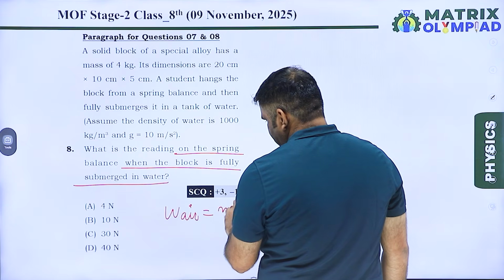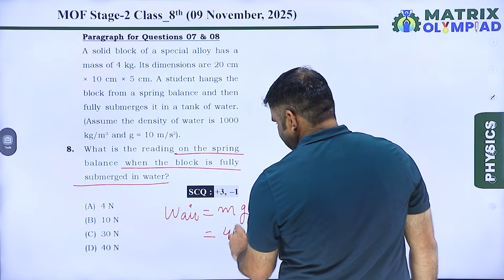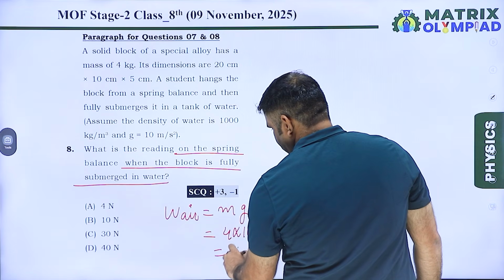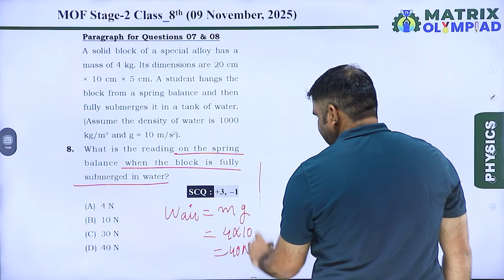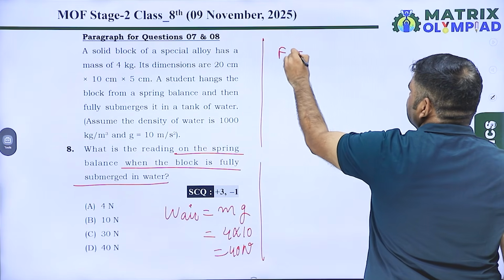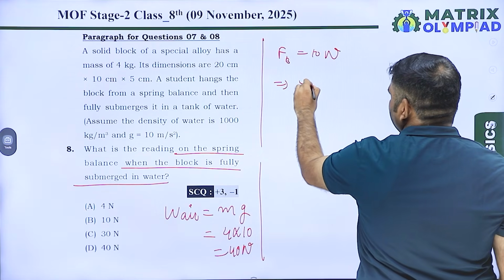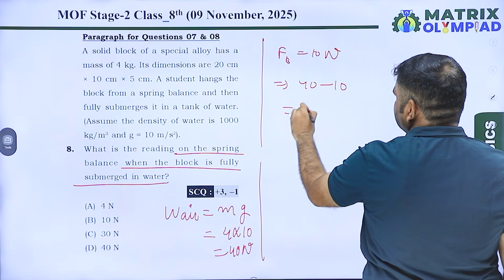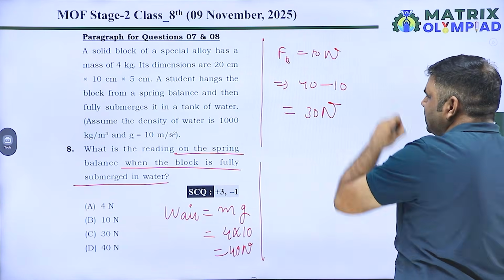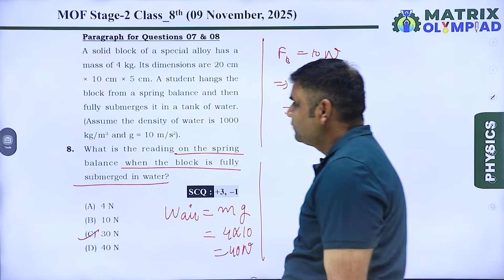So mg, so m is 4, g is 10, so 40 Newton, and the buoyant force was 10 Newton. So spring balance reading will be 40 minus 10, 30 Newton. So our correct option will be option number C for question number 8.